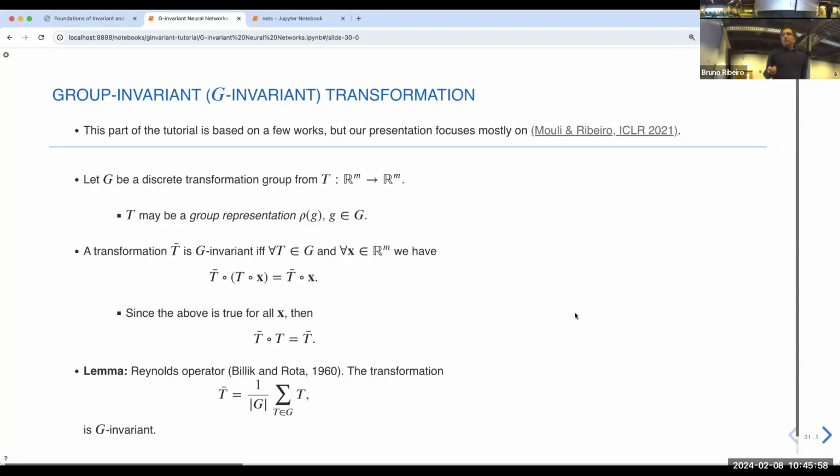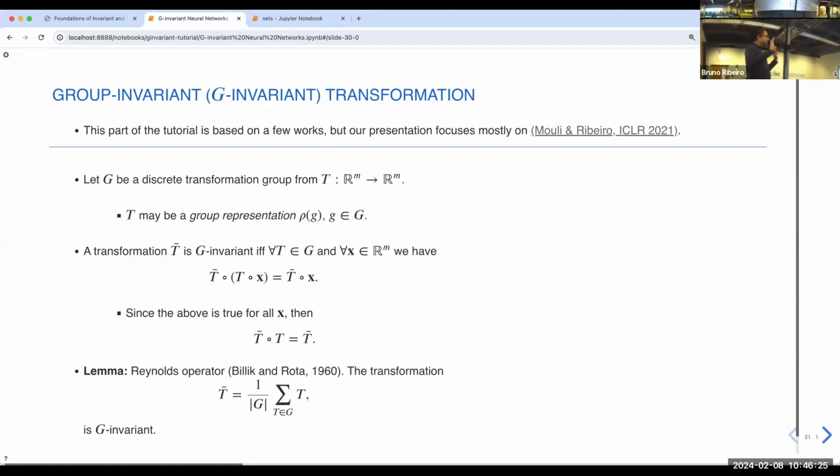Now we are going to look for a transformation T bar. A transformation T bar is G-invariant if and only if for all the representations in my group, applying the transformation over the input and then applying T bar is the same as applying T bar by itself, okay?